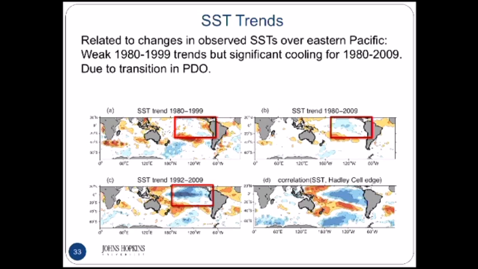So when you have stronger Hadley cell forcing, it attracts the jet equatorward. With El Nino, the jet is shifted equatorward. Similarly with PDO: positive PDO shifts the jet equatorward, and negative PDO shifts it poleward.